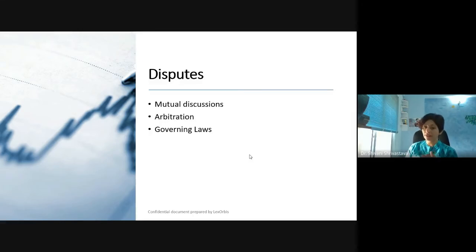And then we need to write about the governing laws. So we can decide which laws are to be followed to handle the disputes. For example, in some of the license agreements I have worked on, the jurisdiction for arbitration was considered as Singapore, because in Singapore the time for arbitration is less, and you will quickly get the results.